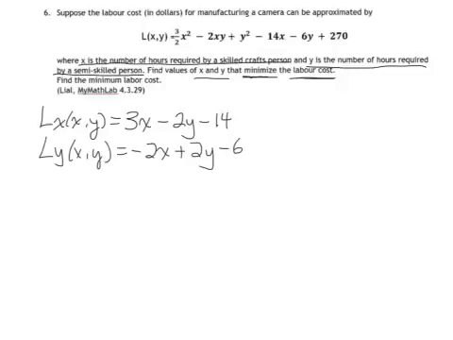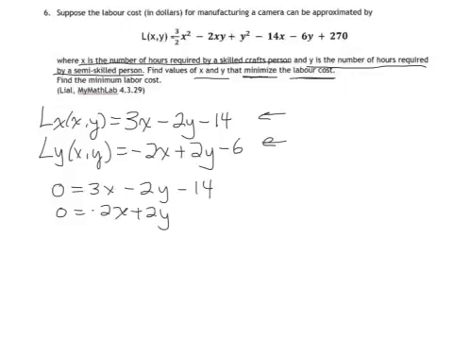Okay, so now you can see we have two equations, two unknowns. We can set them equal to 0 and solve for x and y. And you can see, if we're looking at our coefficients, that of y, we have a negative 2y and a positive 2y.